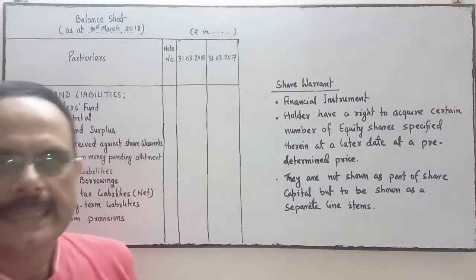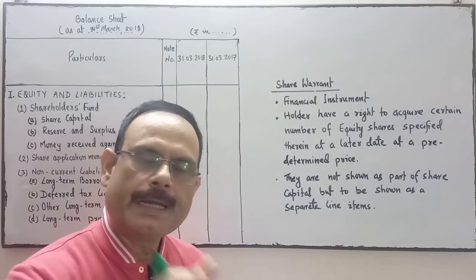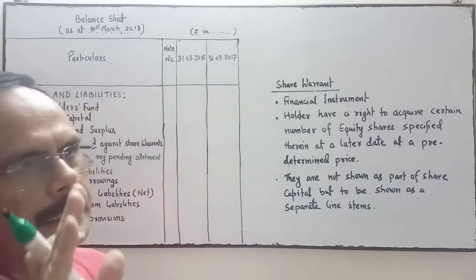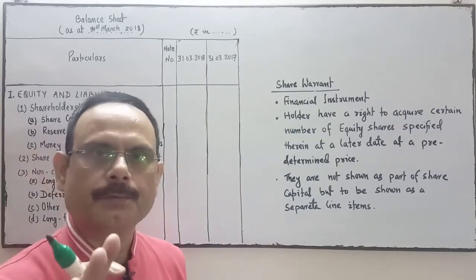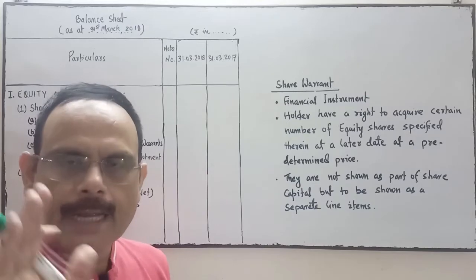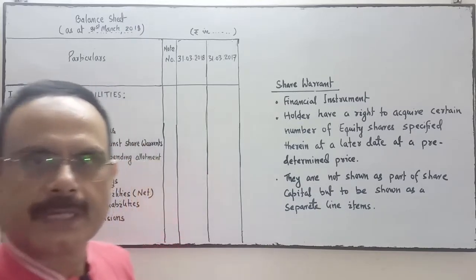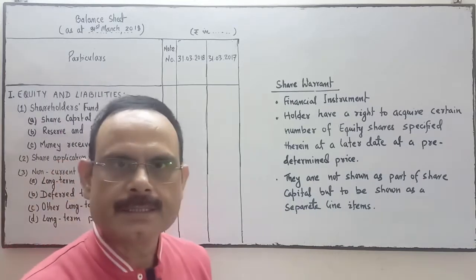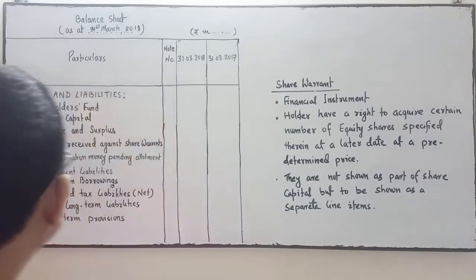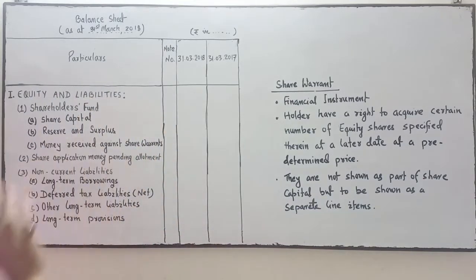Now next, on the equity and liability side, under the shareholders fund we have seen share capital, thereafter reserve and surplus. The next item is money received against share warrants.